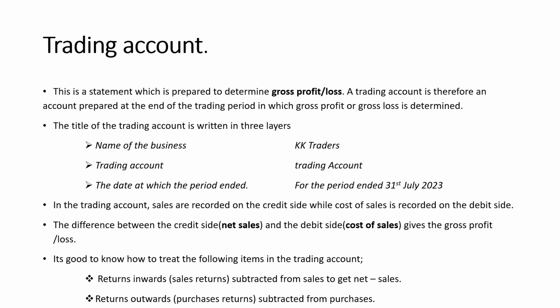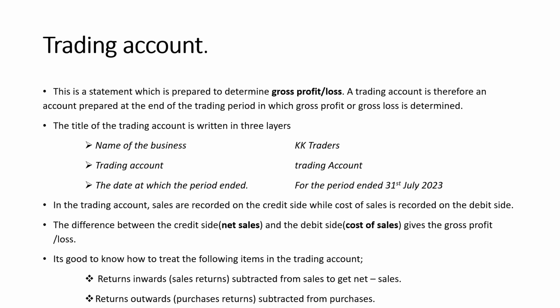Maybe the business bought goods, and you've carried them, you must include it in your purchases. So we add carriage inwards to purchases. In other words, it is a special purchase.